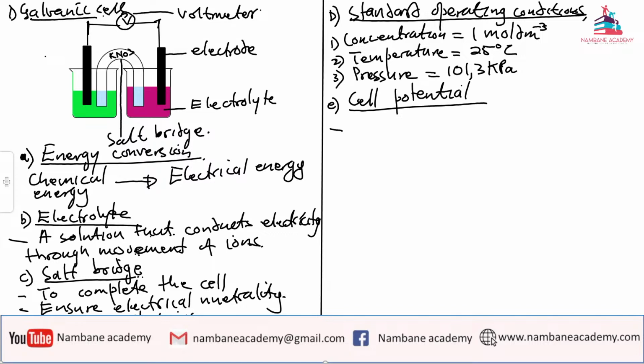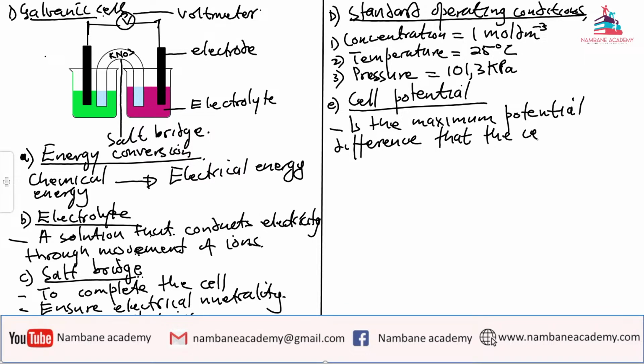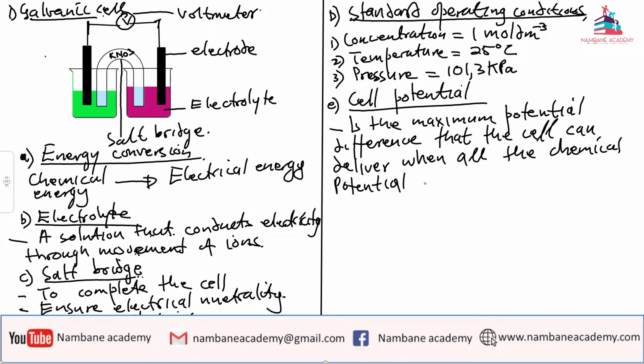And cell potential is the maximum potential difference that the cell can deliver when all the chemical potential energy is converted to electrical energy.